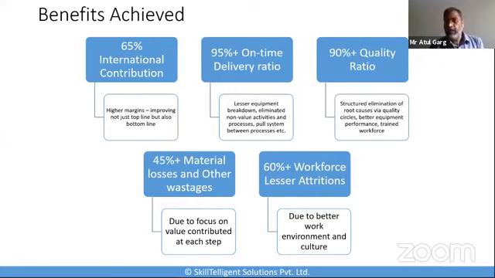The material losses were reduced by 45%, and the workforce attrition went down by 60% because the workforce felt that there was a better work environment, there was a good working culture, and there was respect for them, which ensured that the attrition came down. Now, when you have a competent workforce coming in regularly without any kind of a break, stability in the organization starts coming in. So now you can see that a lot of stability has been brought into the organization. So this is what we could achieve over here.